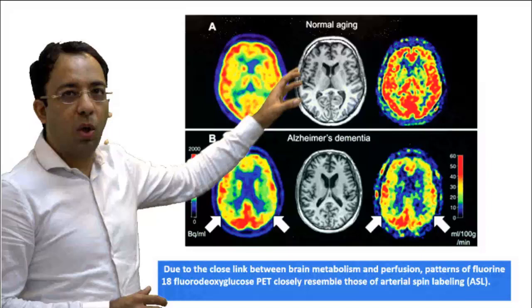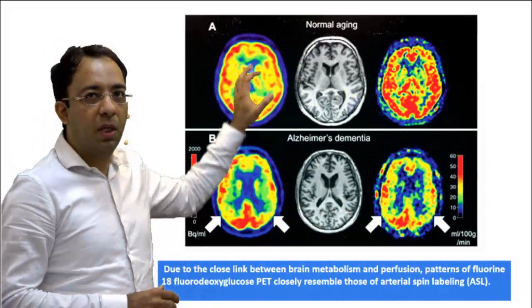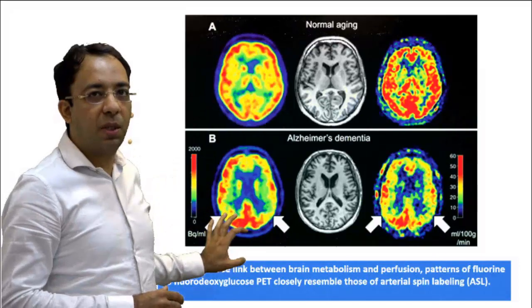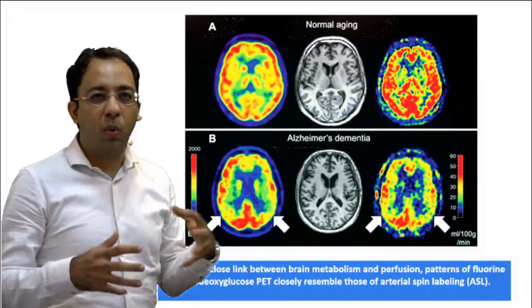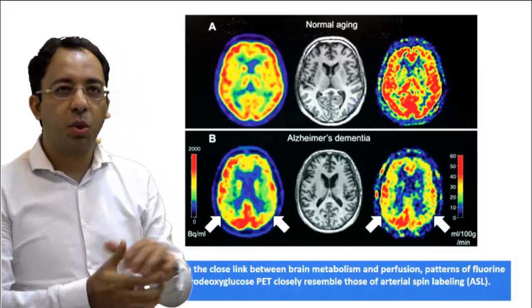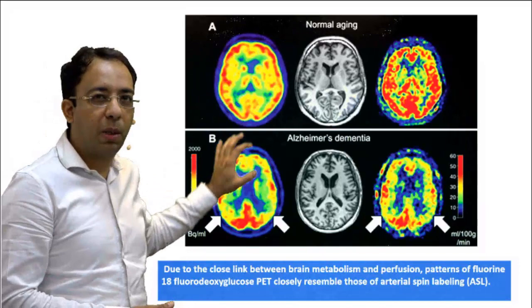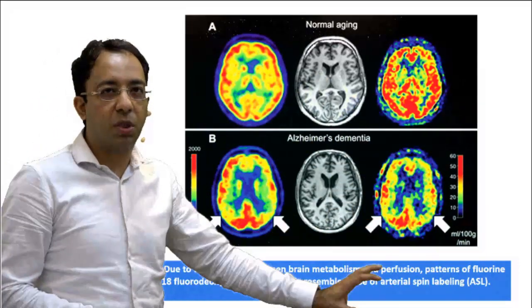Here you have a normal MRI image and an MRI image of a patient with Alzheimer's dementia. These are the PET scan images, and these are the ASL images. Because you know how integrally linked our metabolism and perfusion are, although the PET scan is looking at metabolism, ASL is looking at perfusion, and you can see a high degree of correlation between them.